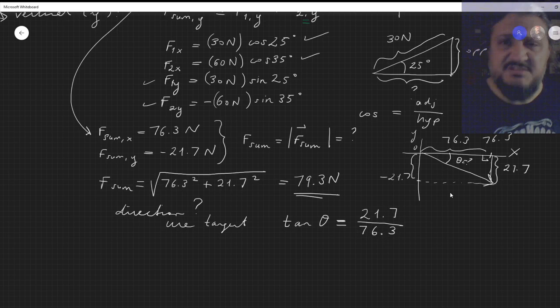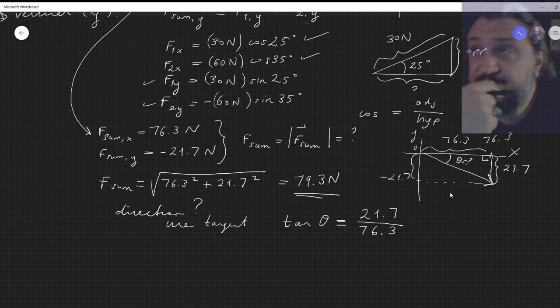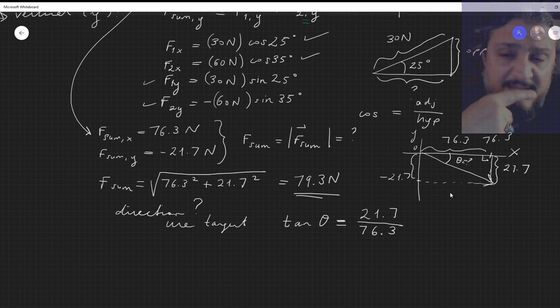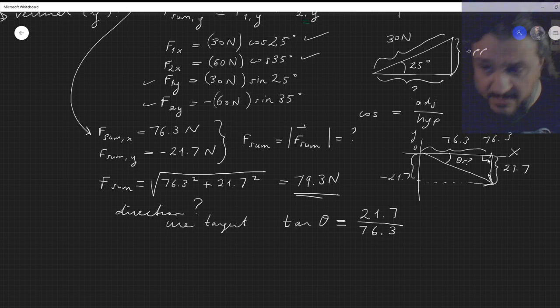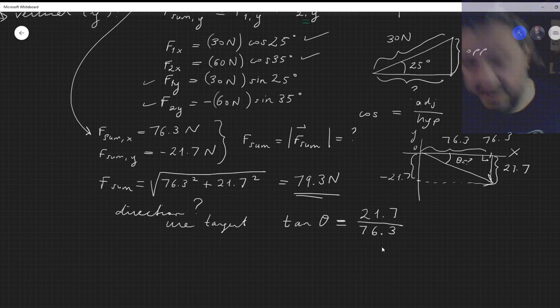As you see, I'm just using the actual length of the triangle. I'm not using the coordinate. I could use the coordinate, and that would give me a negative theta, which would tell me that it's below the x-axis. But it's okay, I can just go with my triangle here. As long as I know what I'm doing, there shouldn't be any problem. So I'm just using the sides, 21.7 over 76.3.